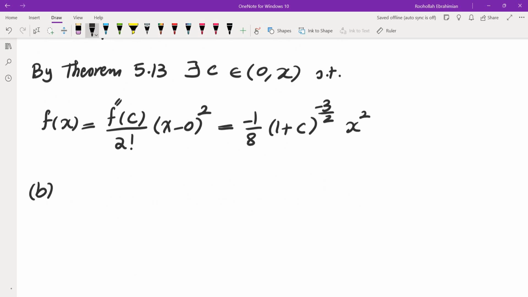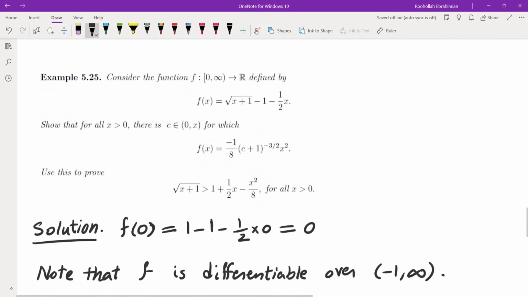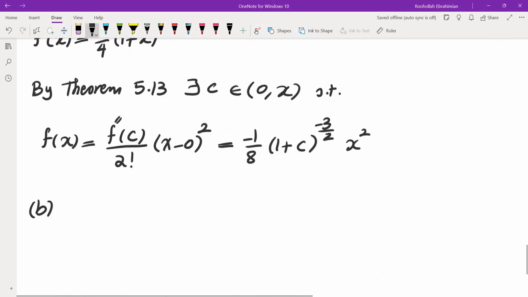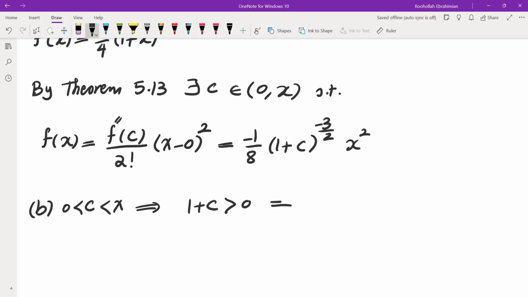So for part B of this, we're going to use part A and prove this. If you look at c, c is between 0 and x. So that means 1 plus c is more than 1, which means if I raise 1 plus c to a power of a negative number, it would be less than 1.